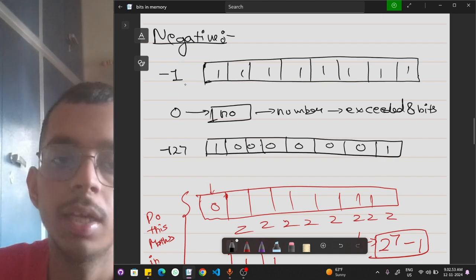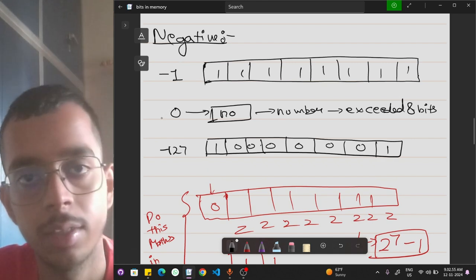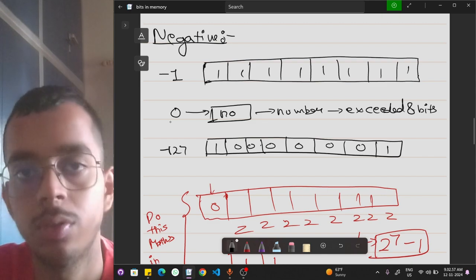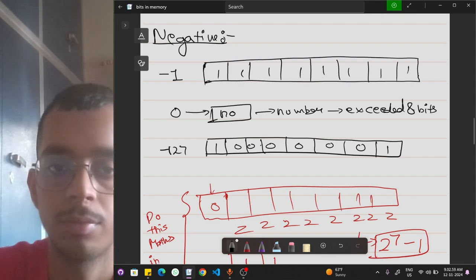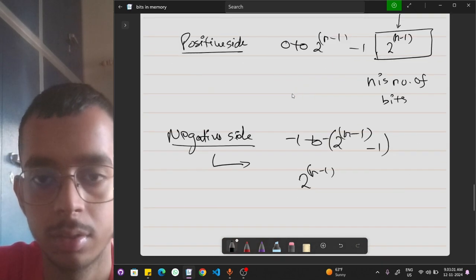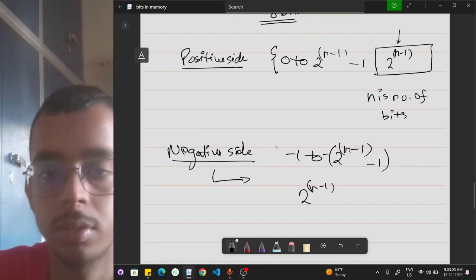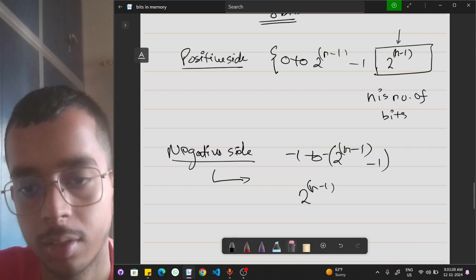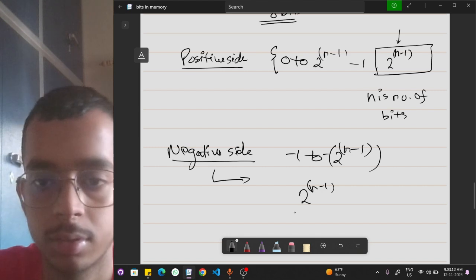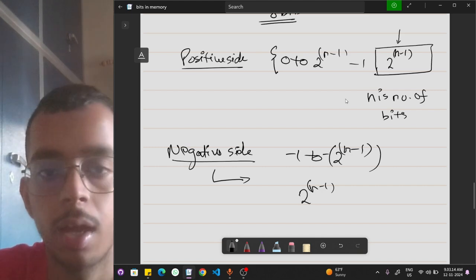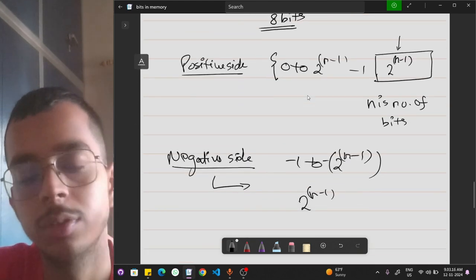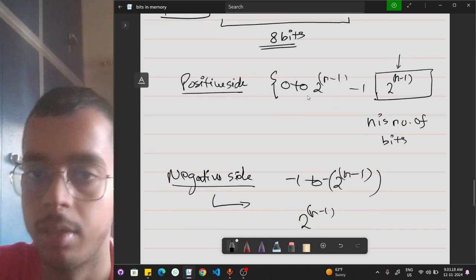That's why on the negative side we don't consider zero. For the positive side, the range is from zero to this, and for the negative side, the range is this. That's the reason zero is not considered on the negative side.